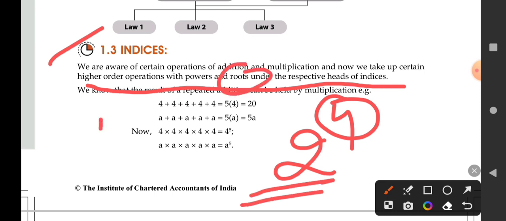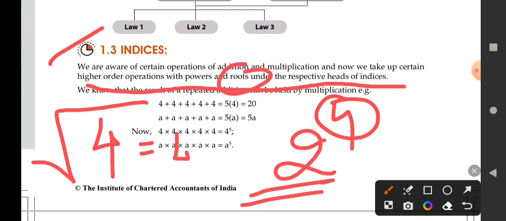What are roots? When we write square root of 4, how will we write this in terms of power? We will write it as 4 power half. This half is denoted as root 4, which we know the answer is 2, right?